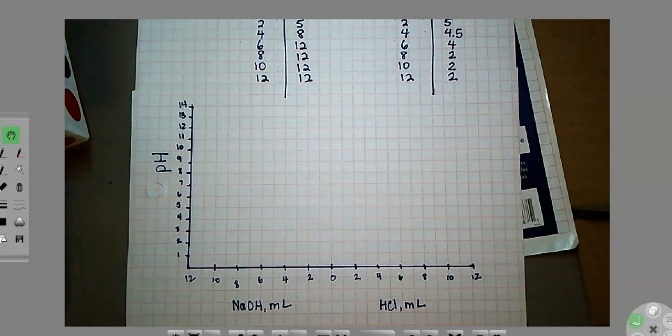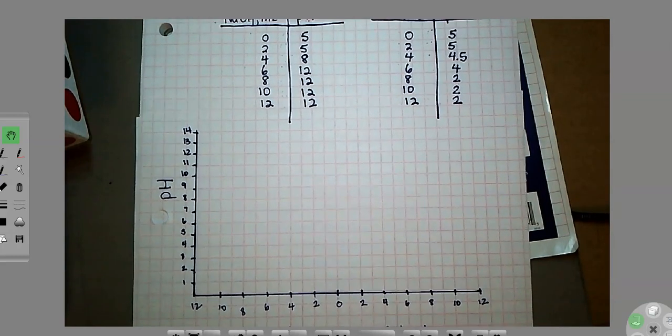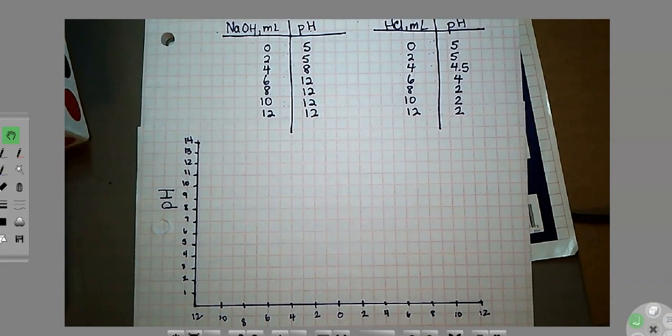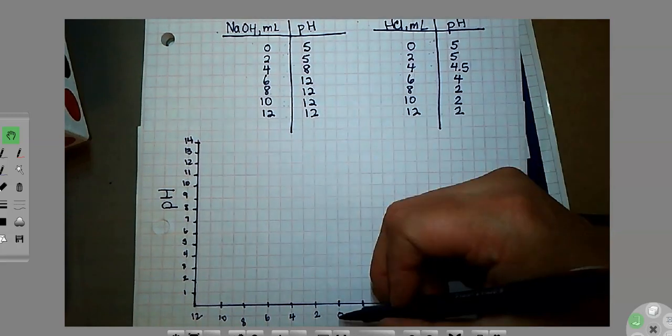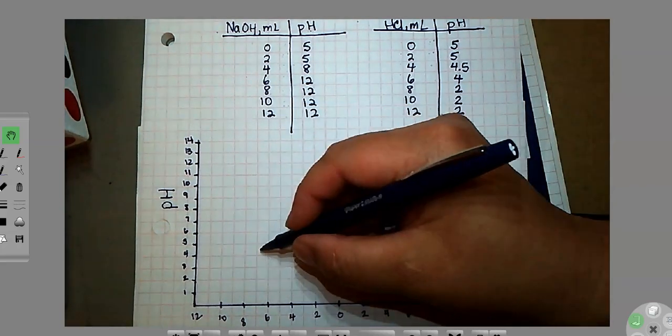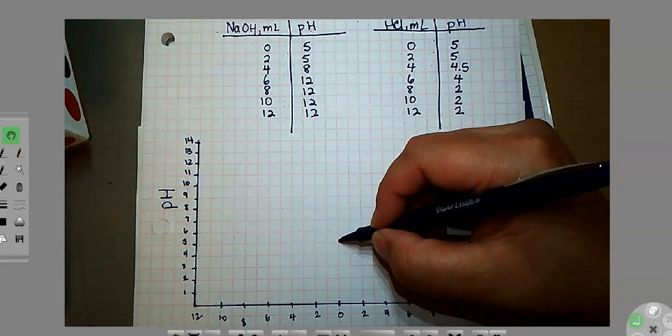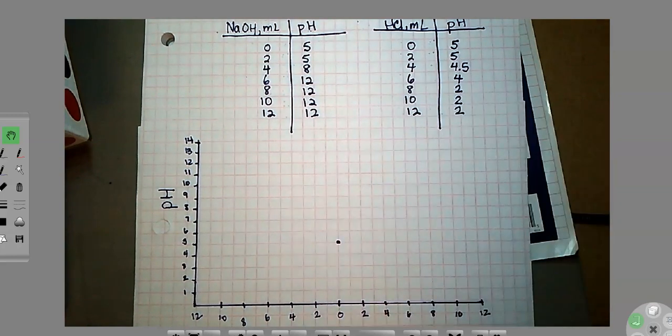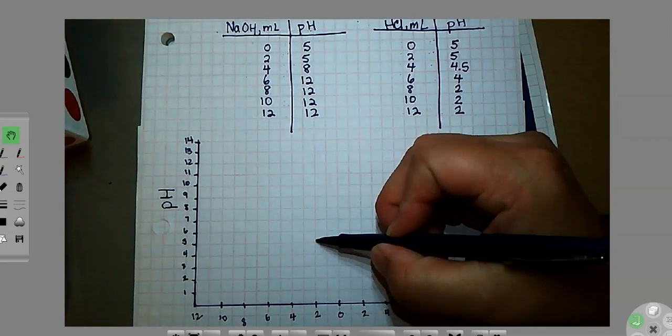Okay, so let's go ahead and plot that. The first one to plot is at 0 NaOH, the pH is 5. So we'll go here and then go up to 5. Then 2 mils of NaOH will be 5 again.